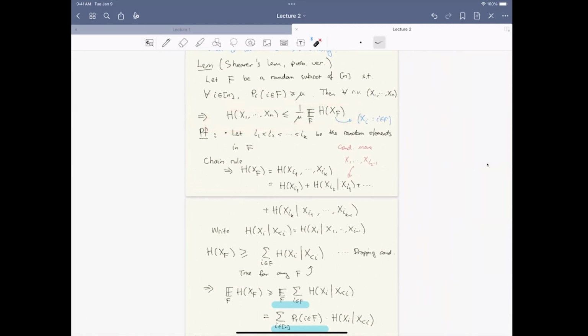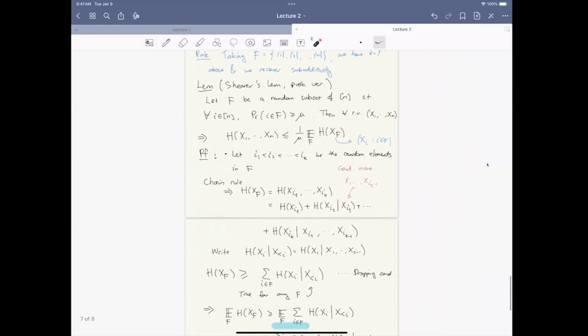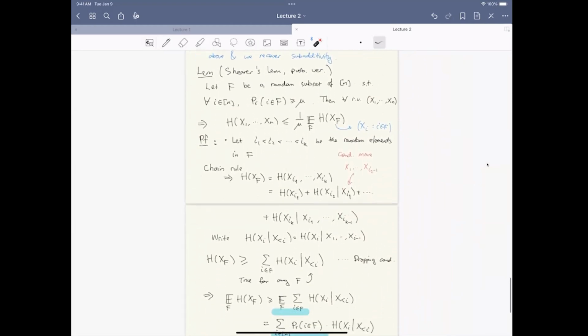Any questions about the proof? It takes less than a page to write it. So let's summarize Shearer's lemma in this probabilistic form. You have a random set of coordinates such that each direction is included with probability at least mu.